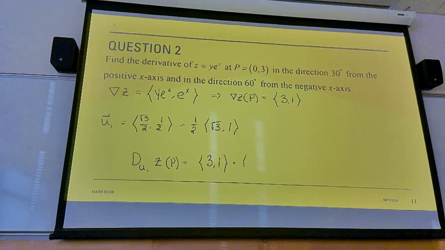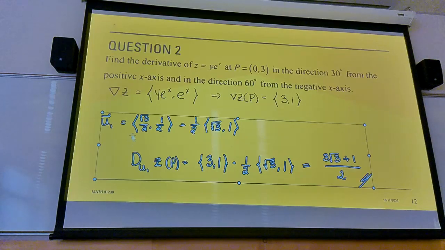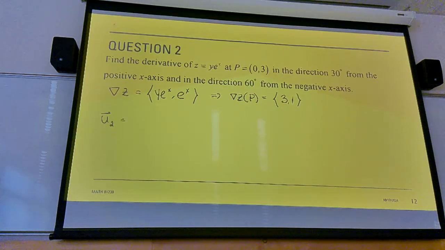Gradient dot u. What's our rate of change? Vector for the direction for the second part.